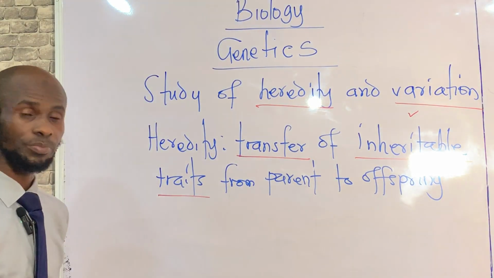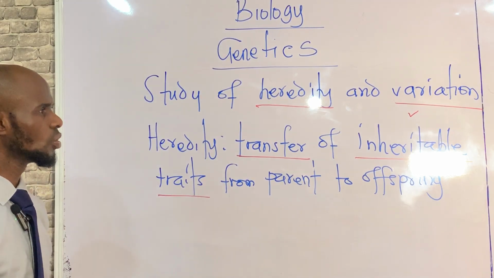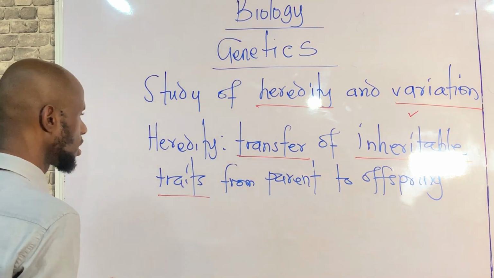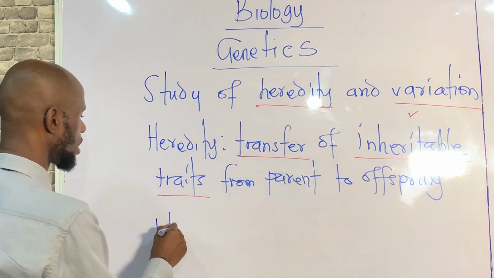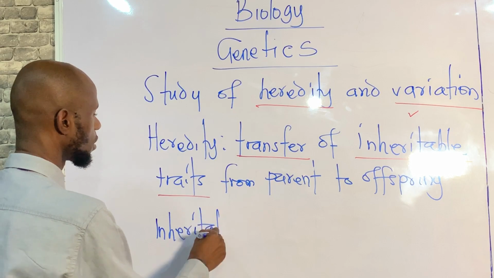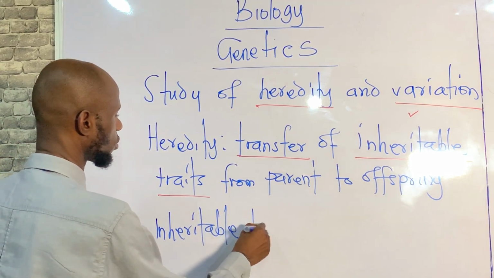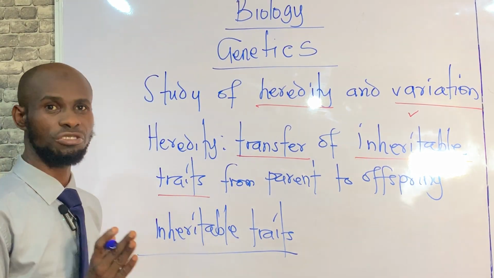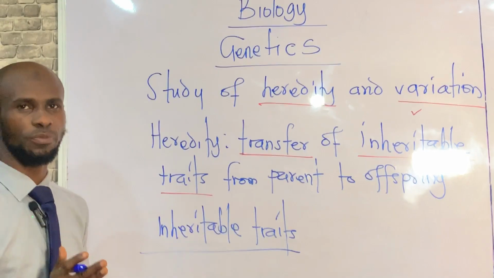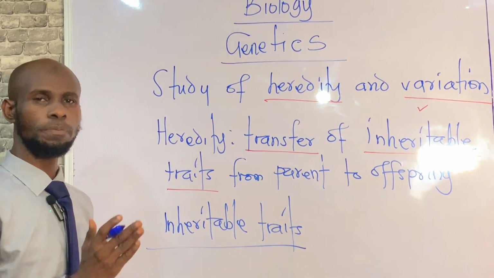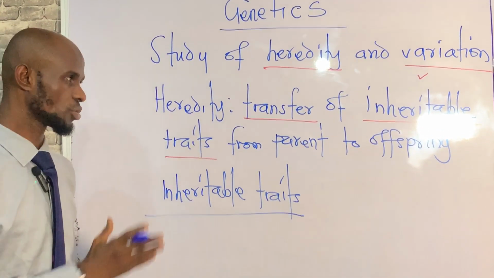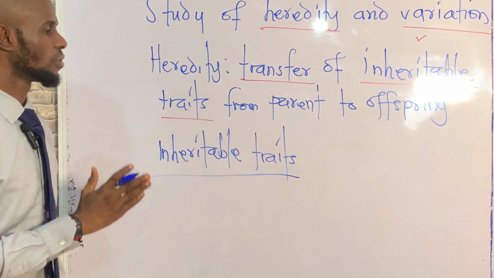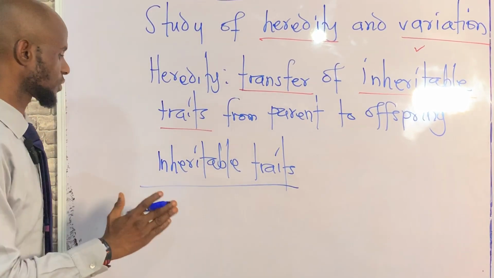So that means that we can look at what is meant by inheritable characters or traits. From the word inheritable, they are traits that are transferable from parents to offspring. So you have that in the definition.